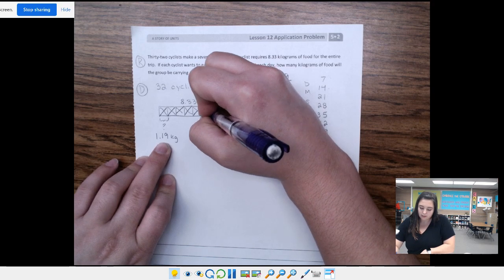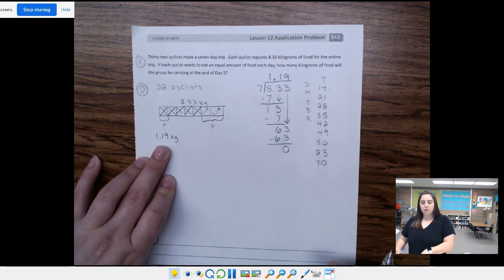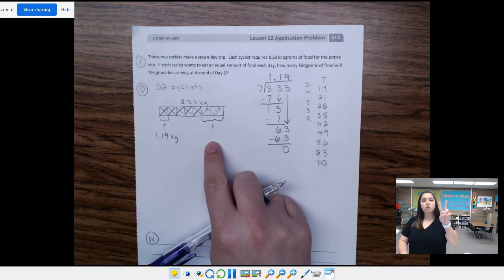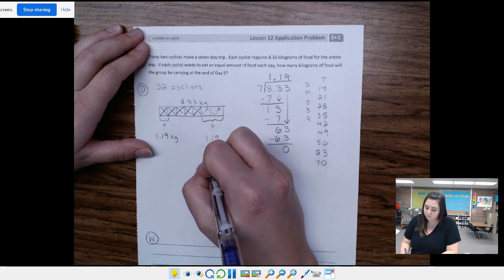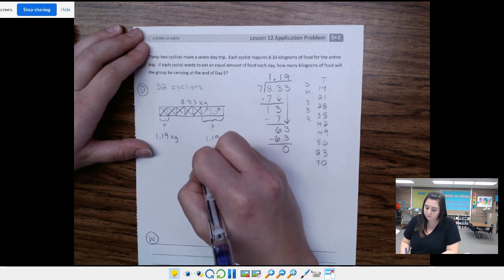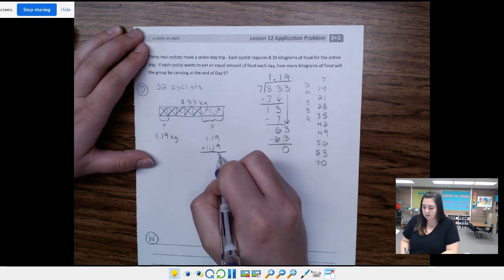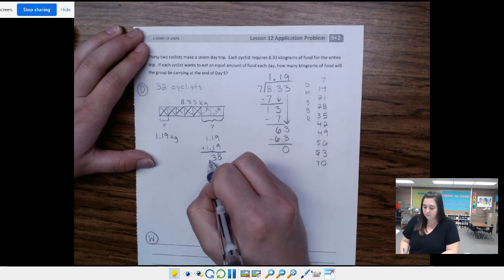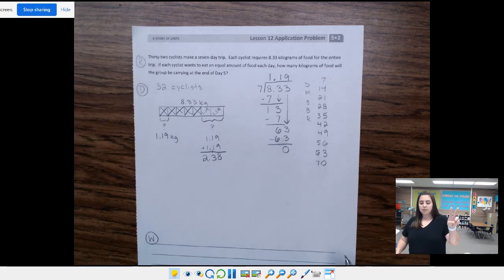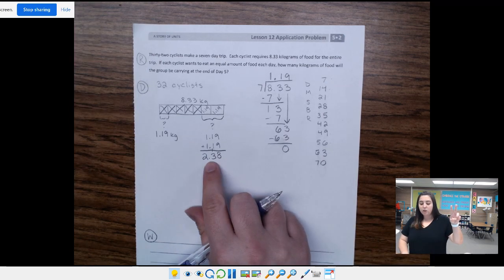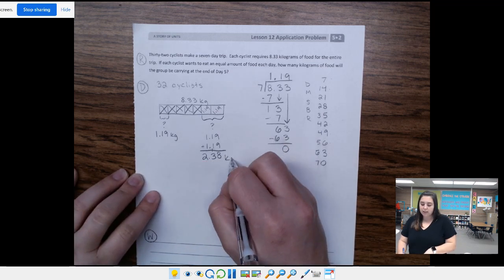So here's 1 day's of food, another day's food. What would that be total for 2 days for one person? Well, let's add them. 9 plus 9 is 18. There we go. So with 2 days left, every person should have 2.38 kilograms of food.